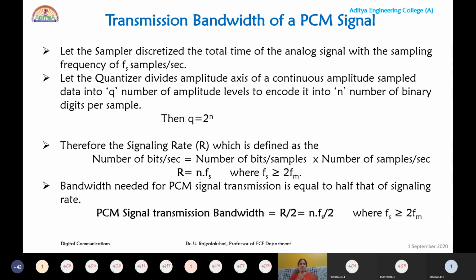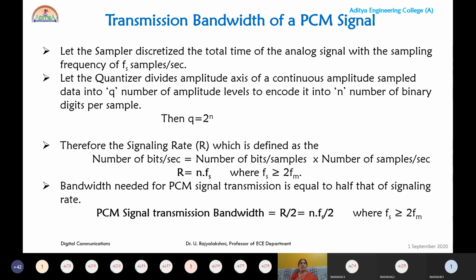So the PCM signal bandwidth should be equal to n Fs by 2, or greater than or equal to n into Fm, because the sampling rate Fs should always be greater than or equal to twice the message signal frequency component. So Fs should be greater than or equal to 2Fm.